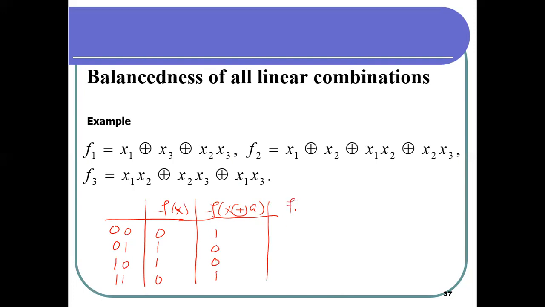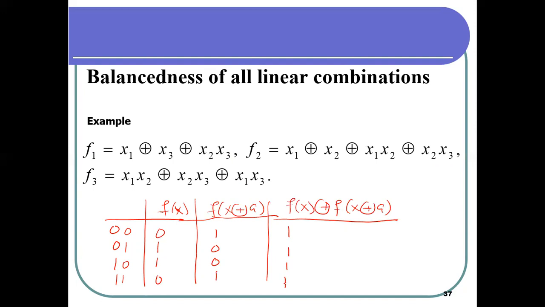I have to calculate f of x XOR f of x XOR a, checking whether this function f satisfies the strict avalanche criterion or not. So I have to XOR all these. 0 XOR 1 gives 1, 1 XOR 0 gives 1, then again 1, this is again 1.